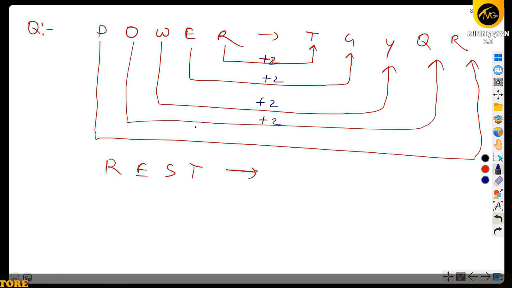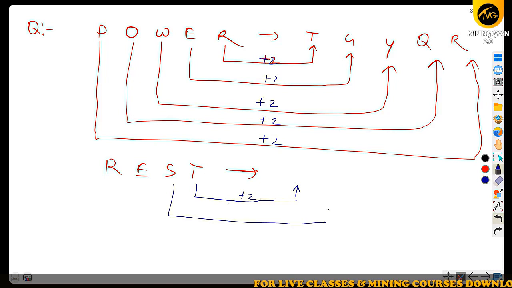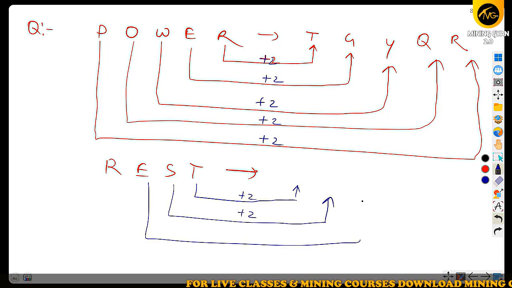OMNO plus 2, PQRST, so QR plus 2. Now you can easily see that the gap between all the alphabets is plus 2, plus 2. So just use the same logic to find out the coded language for the rest: plus 2, plus 2, plus 2, and last plus 2.